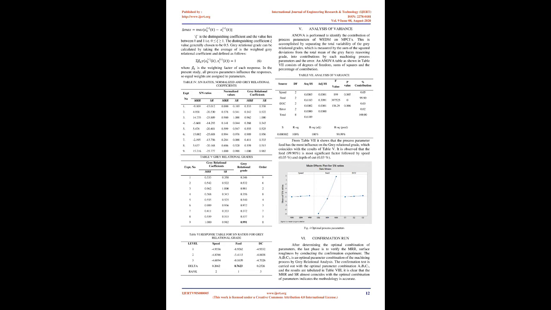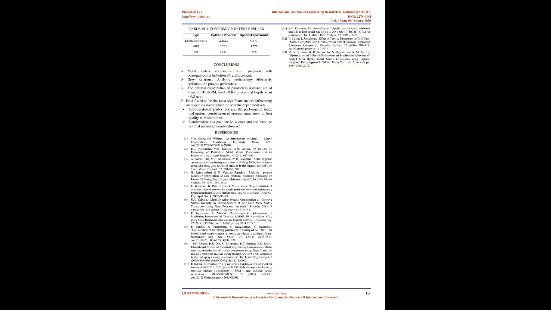B. Gray relational coefficient and gray relational grade. Gray relational coefficient is calculated for each of the performance characteristics, which expresses the relationship between ideal and actual normalized experimental results, as shown in Eq. 5. ζ is the distinguishing coefficient and the value lies between 0 and 1, i.e., 0 ≤ ζ ≤ 1.